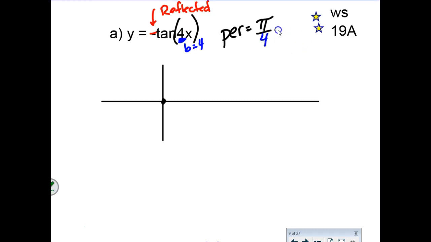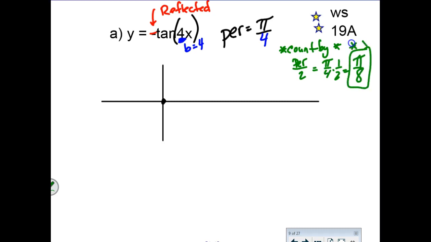However, since I'm going to need to graph, I also need to figure out what I'm going to count by. So to figure out what you're going to count by is you take the period. Now be careful, it's tangent. So how many parts are you dividing it into? 2. So period divided by 2, which would be pi over 8. All right, you are going to count by pi over 8s with me.